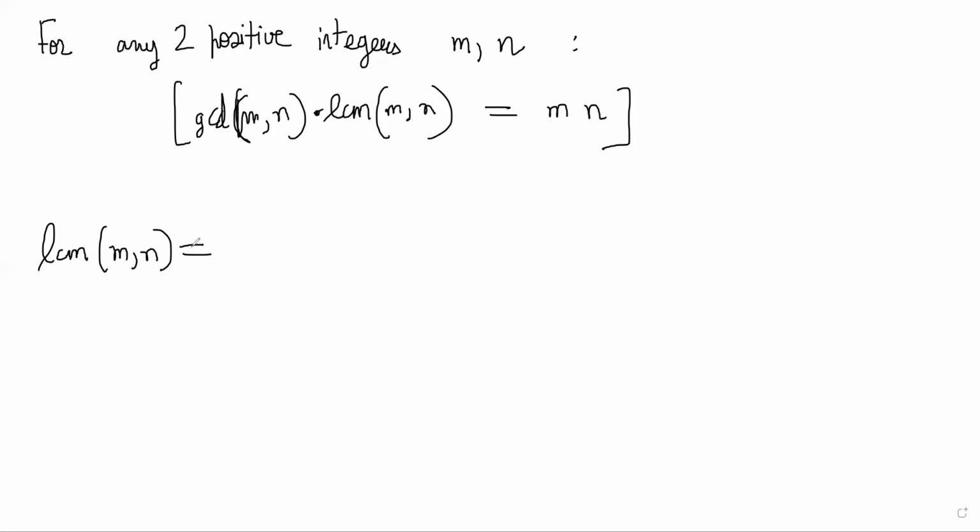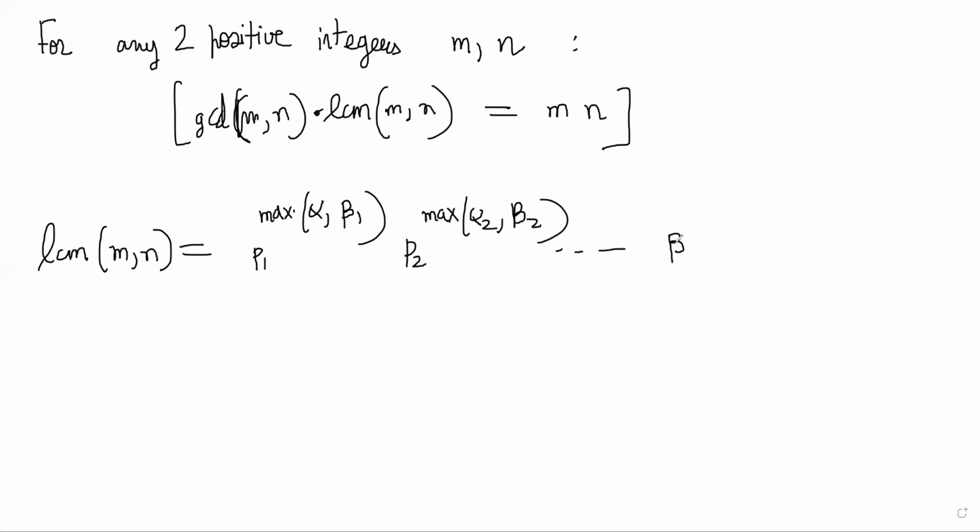So it will be P1 to the maximum of alpha 1 and beta 1, P2 to the maximum of alpha 2 and beta 2, and so on, Pk to the maximum of alpha k and beta k. So this will give you the LCM. Notice that in the HCF portion, we took the minimum power. Now we are taking the maximum power because LCM should always be greater than the original number, right?